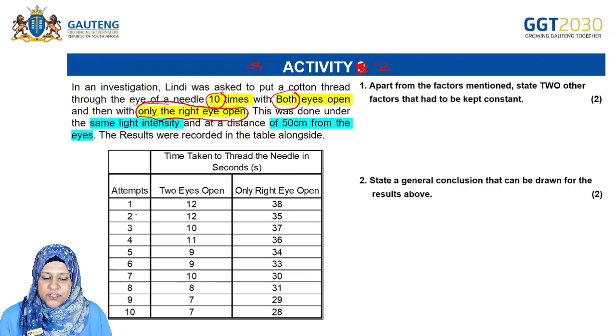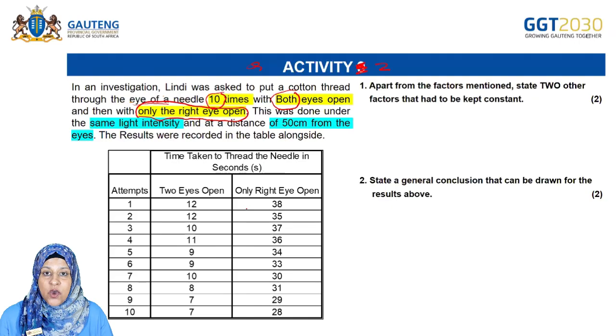There's a 10 times here, 1 to 10. That was the attempts. There's the amount of time taken to thread the needle in seconds with both eyes open and only the right eye open. Let's unpack the data, guys. In the first attempt, with 2 eyes open, she took 12 seconds. With only the right eye open, she took 38 seconds.